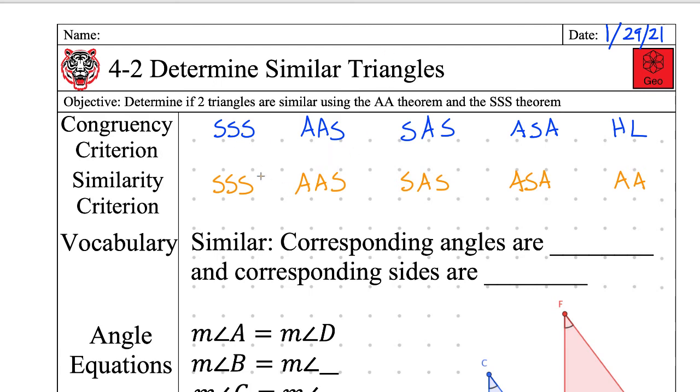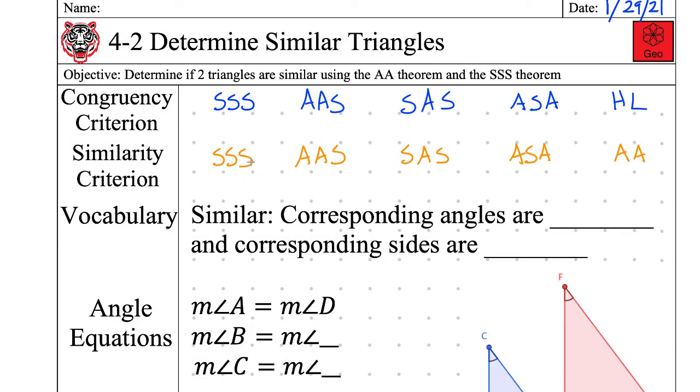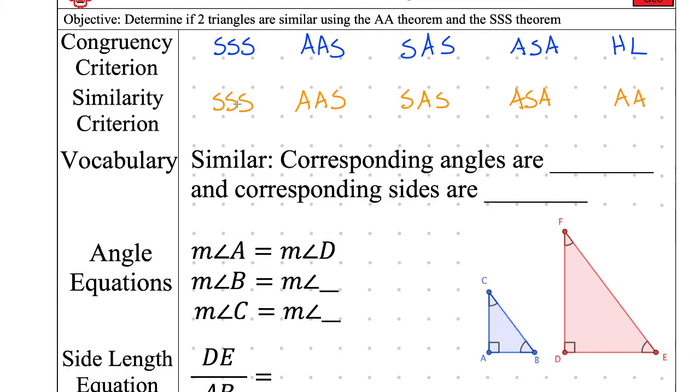When you're using these theorems to prove that triangles are similar, they're basically the same thing. As long as you have three sides that are not congruent, then you are going to be okay. For corresponding angles, every time you see the letter A here, those A's have to be congruent.